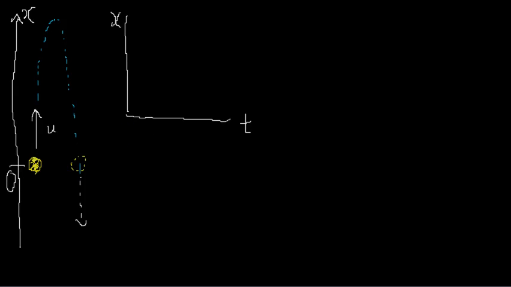I'll reserve yellow for the ball. In the beginning, when t is 0, x is also 0. So the ball starts at this position, and as time passes, the ball goes up and comes down. So x goes up and comes down. The graph is going to look like that.